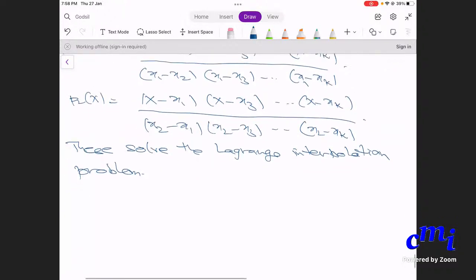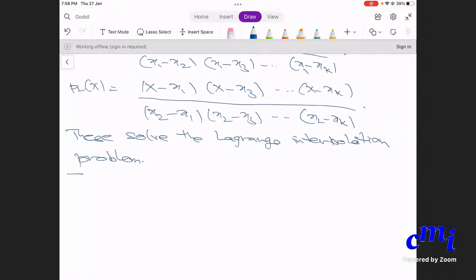So let's begin with some commutative algebra. Let's begin with commutative rings. We all know what a ring is, right?